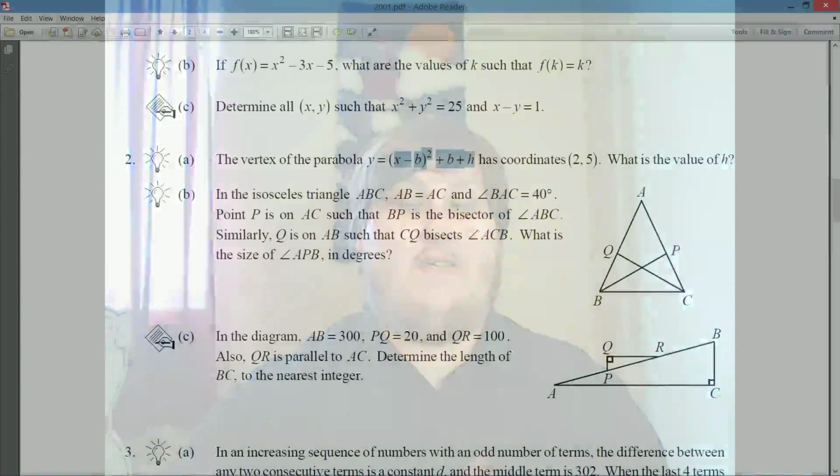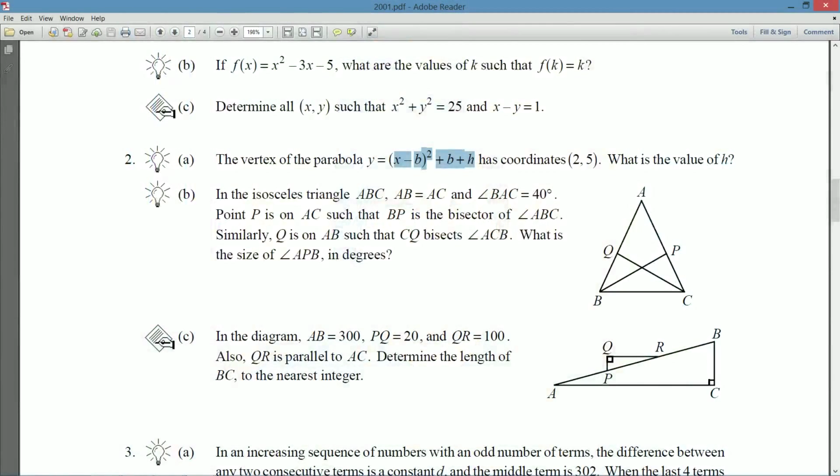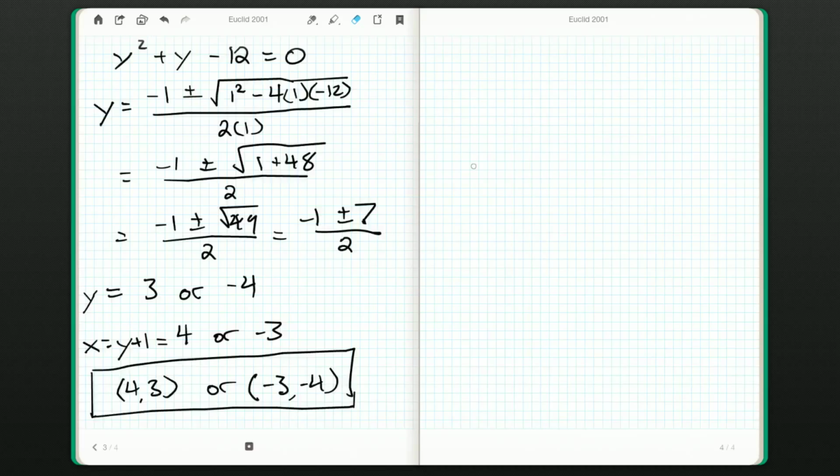And then there's vertex form, which looks like (x minus h) squared plus k, where h and k are the x and y coordinates, respectively, of the vertex of the parabola. It looks like we have vertex form here, and we're told the coordinates of the vertex, so that will definitely help us.